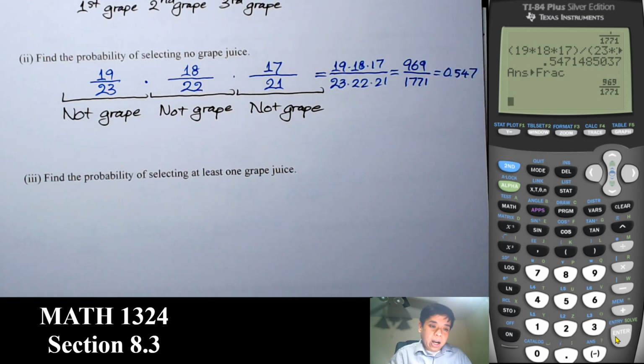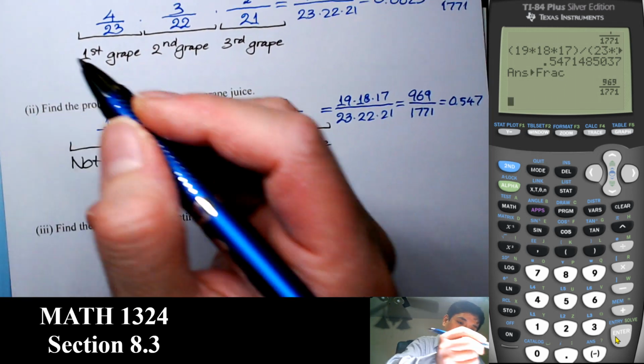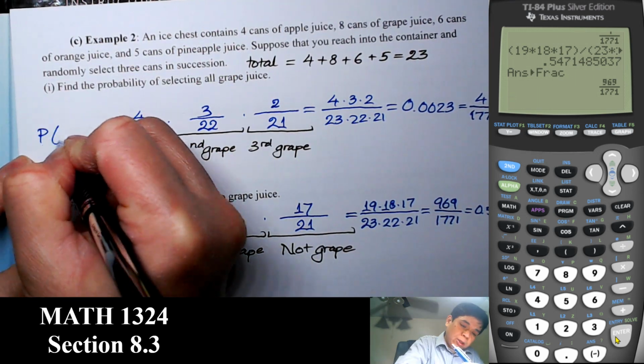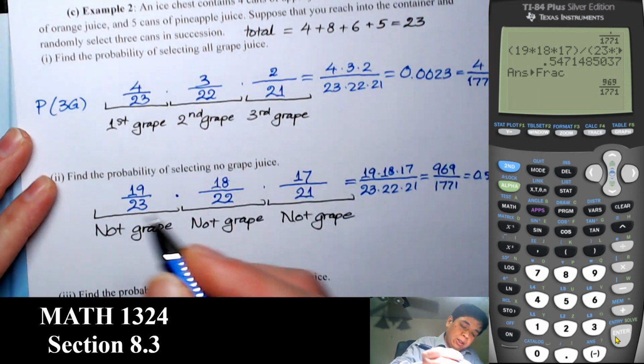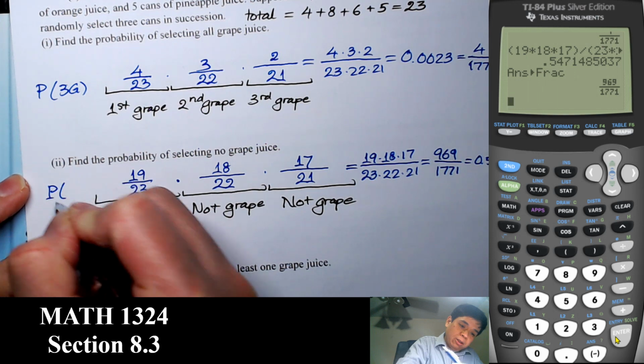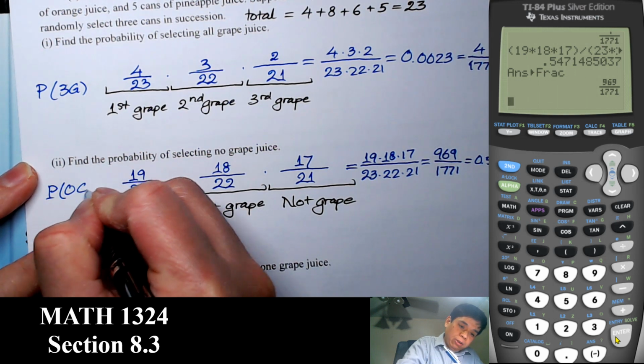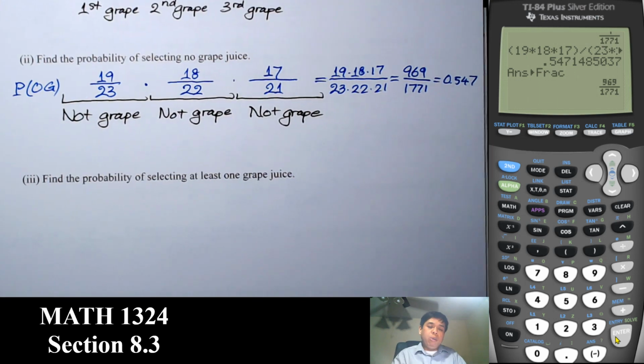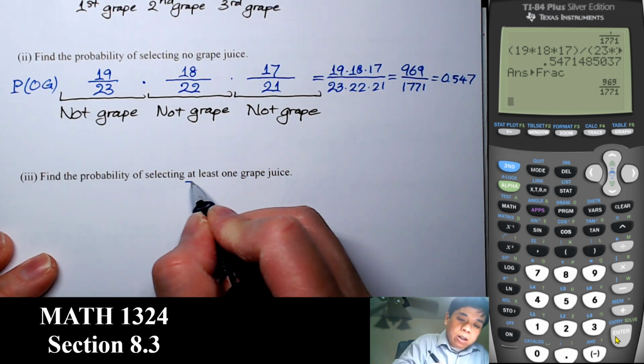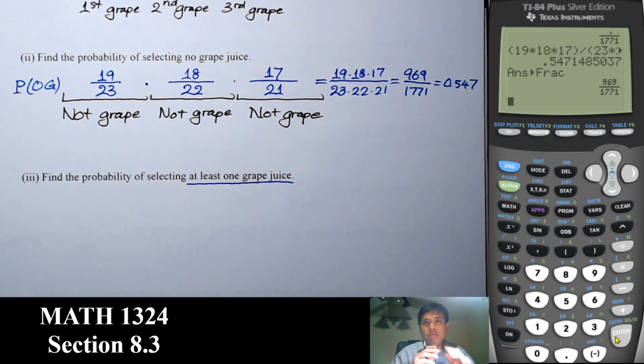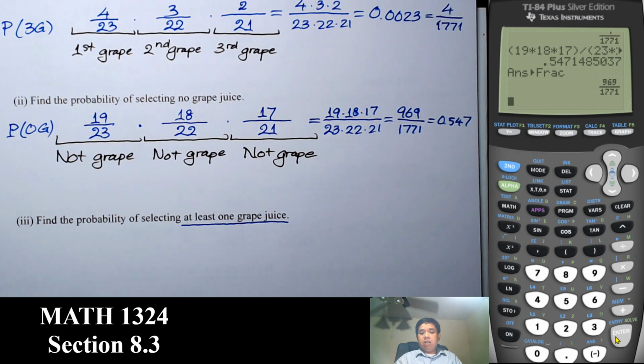Now, so this is the probability of, let's just write, 3 graphs, probability of 0 graph. Find the probability of at least 1. And we did do a similar problem like this on the previous section when we said at least 1 is the complement.